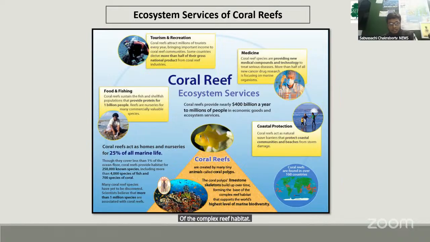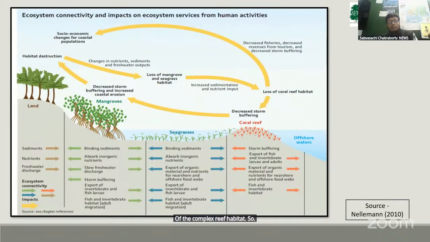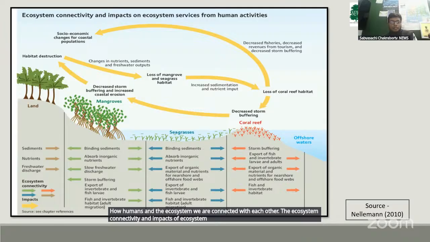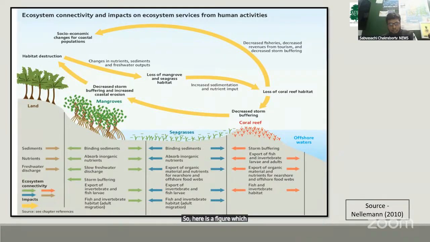So how human activities actually, how humans and the ecosystem are connected with each other. The ecosystem connectivity and impacts of ecosystem services from human activities. So here is a figure which actually shows the changes that have been caused to the habitat.